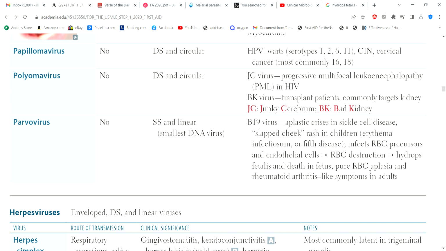The mom has rheumatoid-like arthritis. So basically, if you have a pregnant lady, she has pancytopenia, and she has rheumatoid arthritis-like symptoms, think parvovirus. Okay.